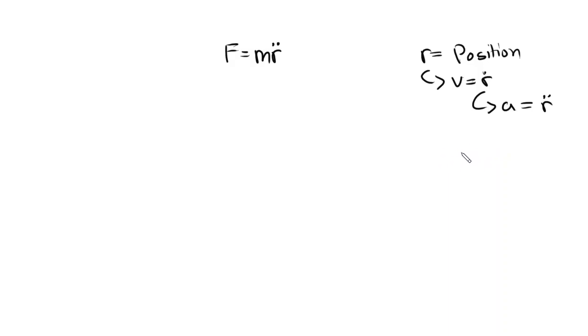The reason we did this is so we can understand Newton's second law in 3 dimensions more easily. So let's take position real quick, right? We'll write the vectors for it, the Cartesian coordinates.